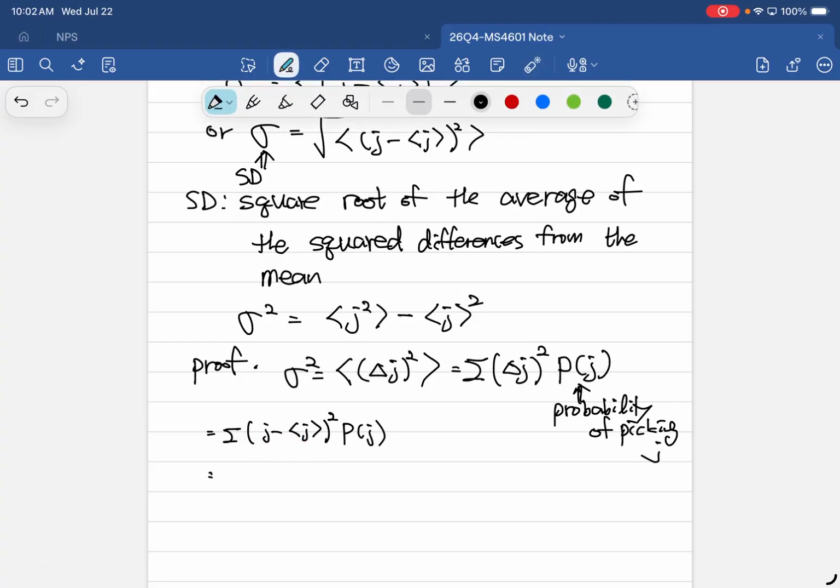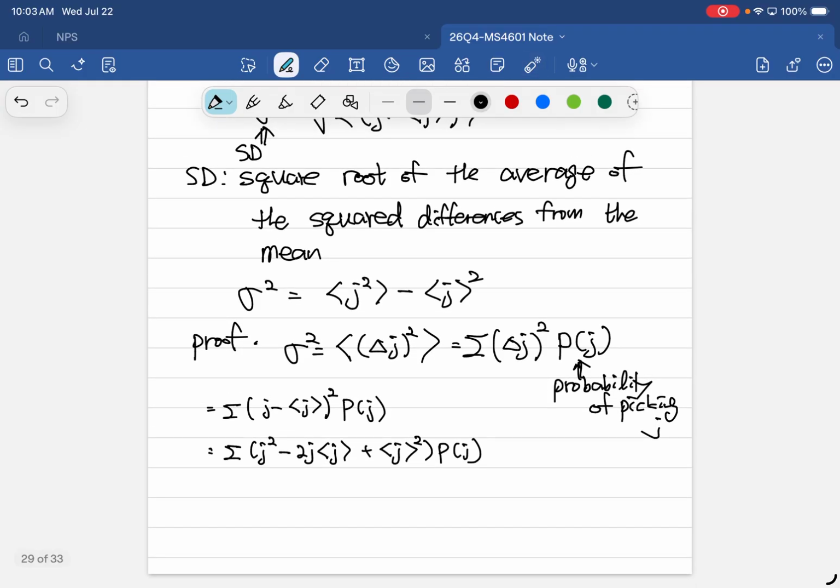And then if we expand it, j square minus 2j times j bracket plus j bracket square, times p of j. Simply we are just expanding this part, and if we write the individual terms, it is minus 2 j bracket, summation j p of j, plus summation j bracket square p of j.